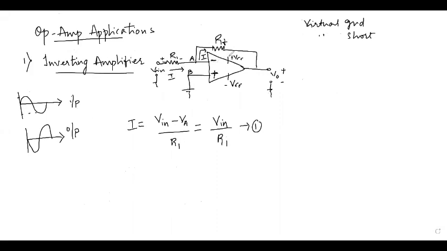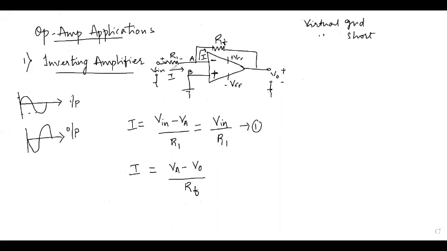I'll write the current equation at the output side. So if I want to write the equation for the current flowing through RF, let me write it as I equals VA minus Vo divided by RF. We must look at the current direction while writing the equation for the currents flowing through R1 and RF.